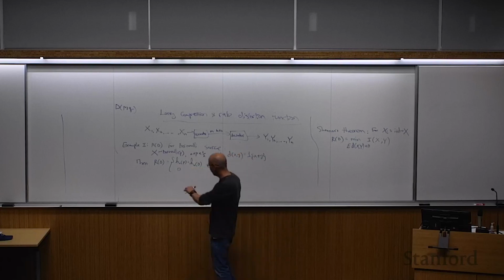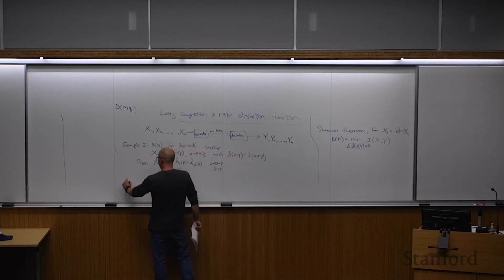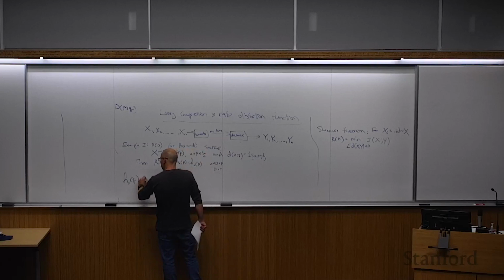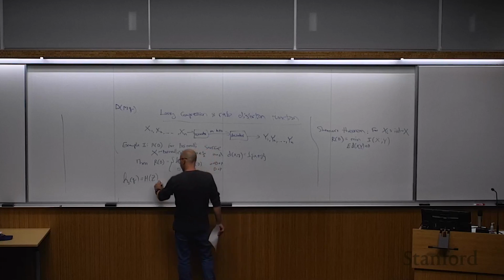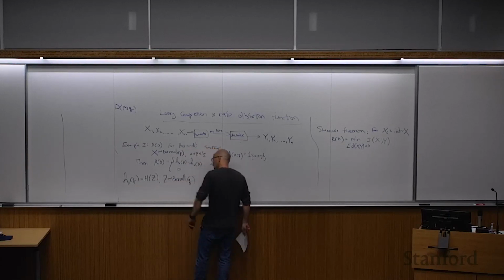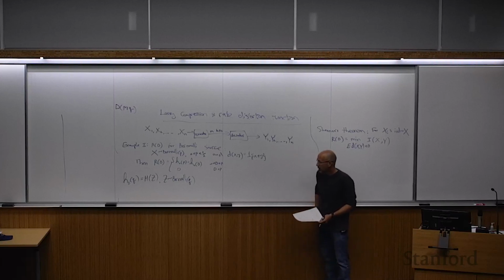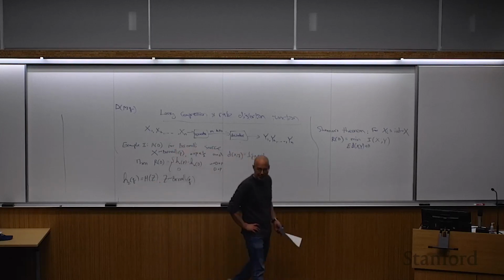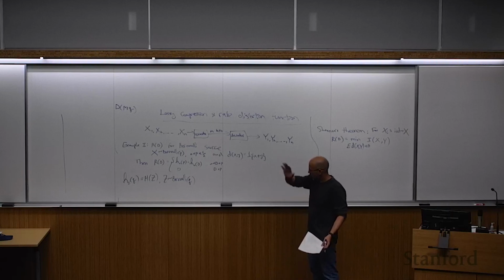Okay, so just in case, when I write binary H2 of, say, Q, I just mean the entropy of, let's call it Z, for Z a Bernoulli variable of parameter Q. So we're calling it the binary entropy function, and I think you've even seen what it looks like.